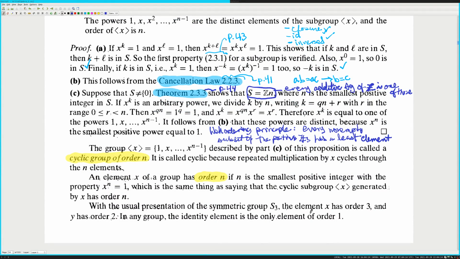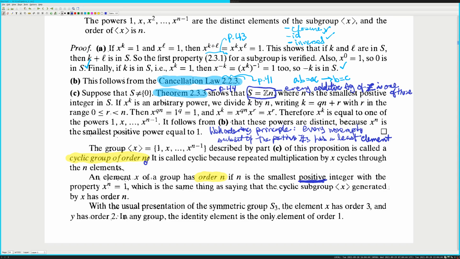This group described by part C is called the cyclic group of order n. It is called cyclic because you just cycle through the elements. An element x of a group has order n if n is the smallest positive, let me underline that, positive integer with the property, which is the same thing. So an element has order n and the group has order n.